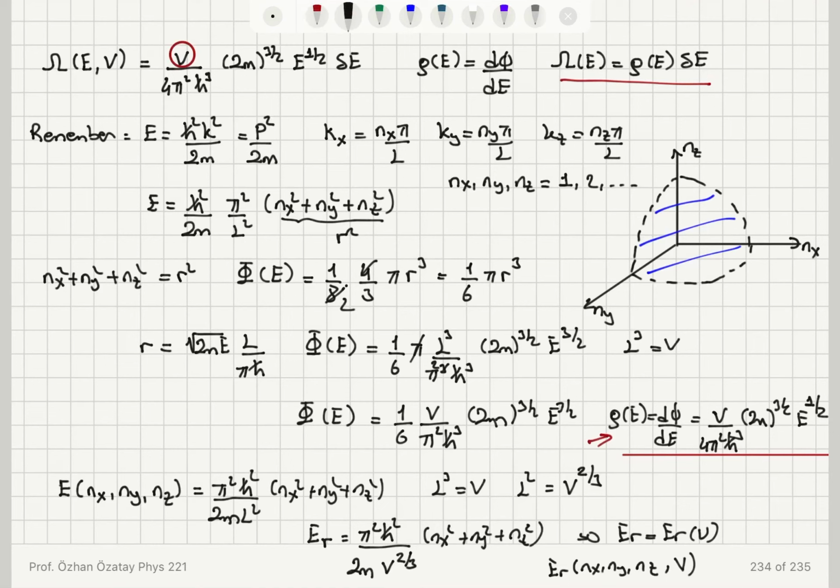If you remember, for 2 dimensions this is E to the 0, for 1 dimension E to the minus 1/2, etc. So the density of states depends on the dimension of the box.